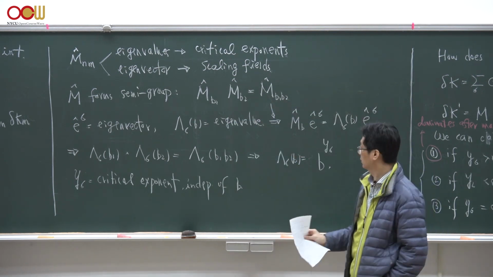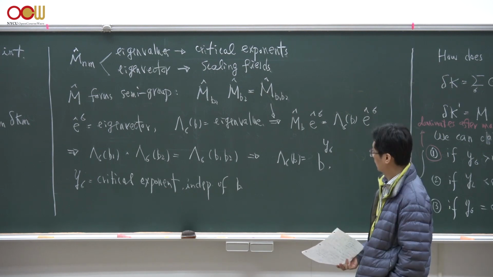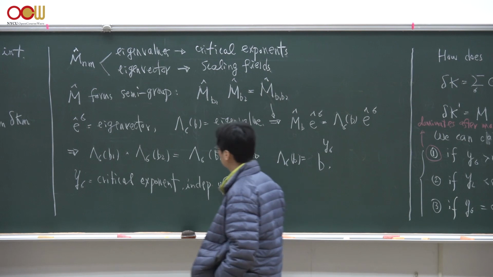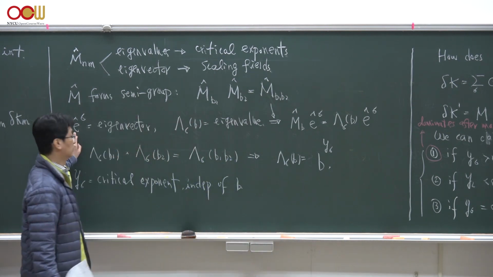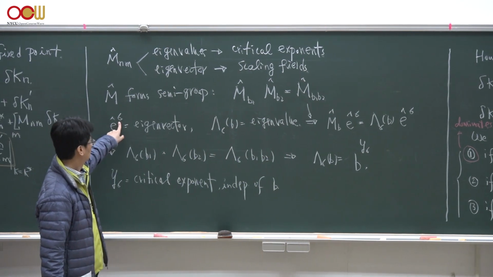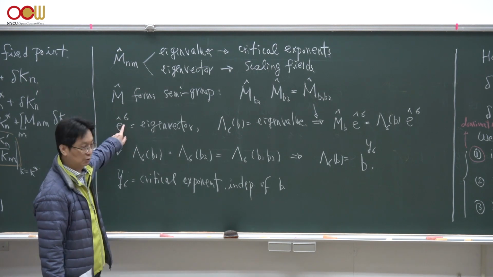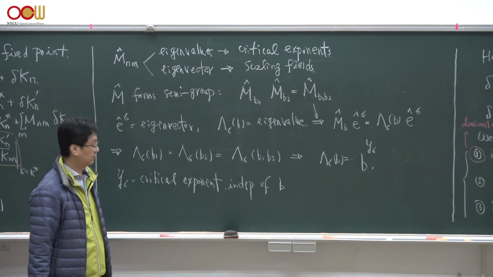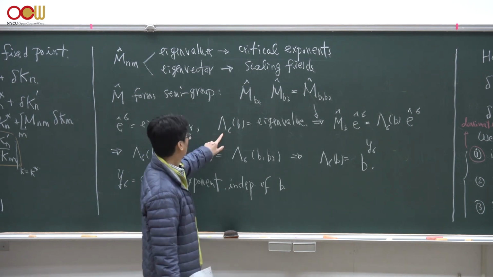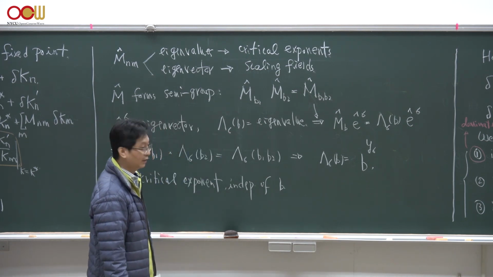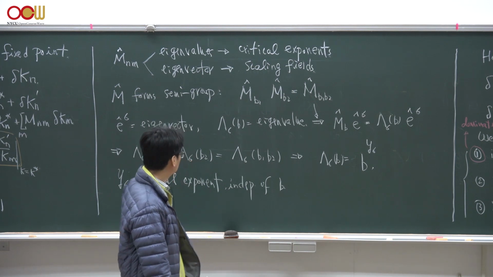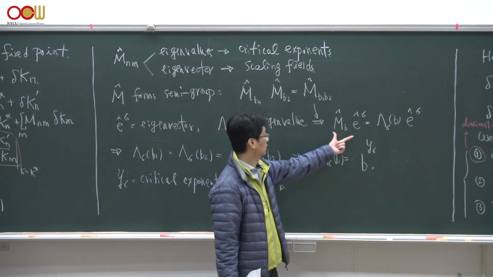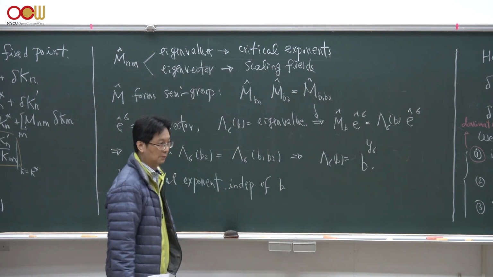So such a property is called the semi-group property, and if we represent this eigenvector by this little e vector with a sigma superscript representing the direction of this eigenvector, and this lambda represents the eigenvalue with the subscript, then we could rewrite this semi-group property in terms of these eigenvalue properties, right?